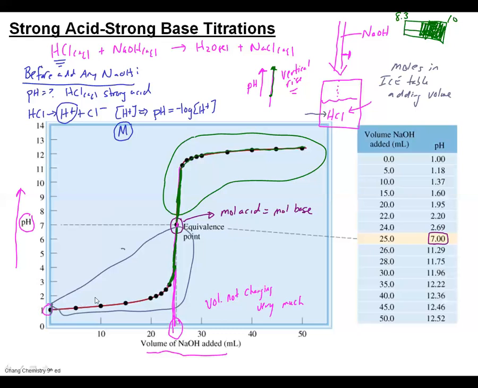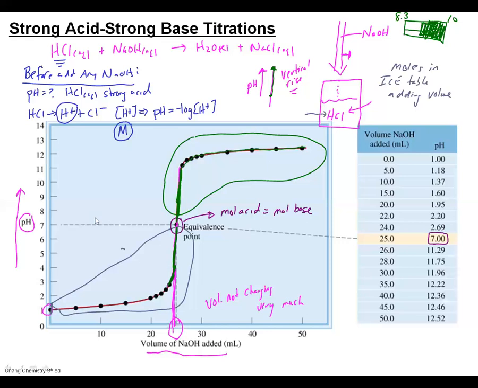As you begin the titration before the equivalence point, you need at least 1 ice table to calculate the concentration of your acid that's left over, and then you can go into the pH. At the equivalence point in this type of titration, you do not even need a table or a calculation. You pretty much could just put a pH of 7 and move on, because it will always generate that neutral salt. Going past the equivalence point will require 1 ice table.